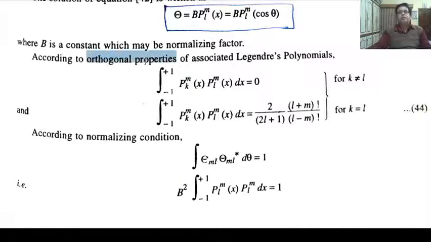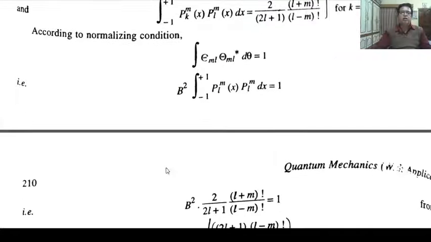According to the orthonormal properties of Legendre polynomials, the integral equals 0 for k not equal to L, and equals a particular value for k equal to L. According to the normalization condition, the integral of Θ_lm² dθ equals 1.